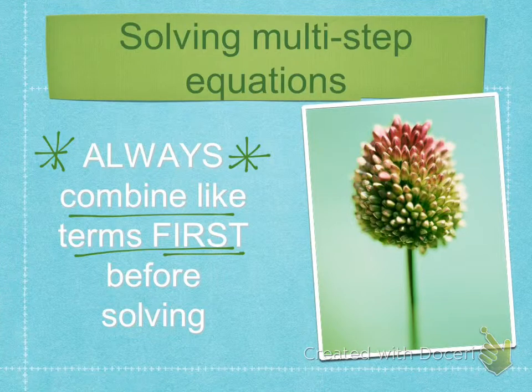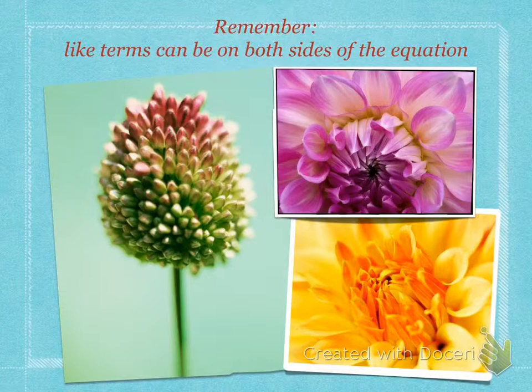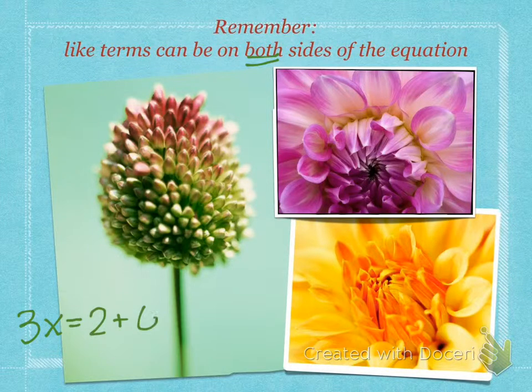One other thing that I want you to remember is like terms can be on both sides of the equation. And you say, well, what do you mean by both sides of the equation? Okay, look right down here at the bottom of this slide, and I'm going to write, let's say, 3x is equal to 2 plus 6x. Okay, what are my like terms in this problem?